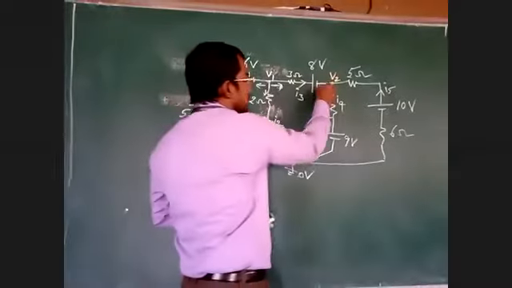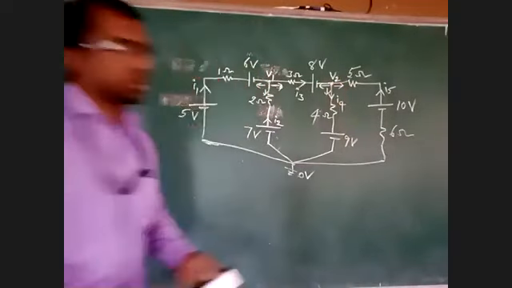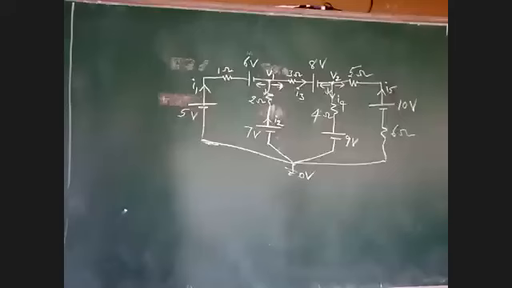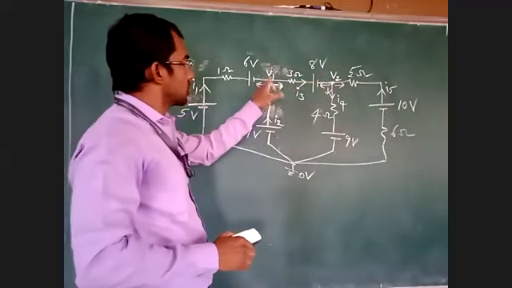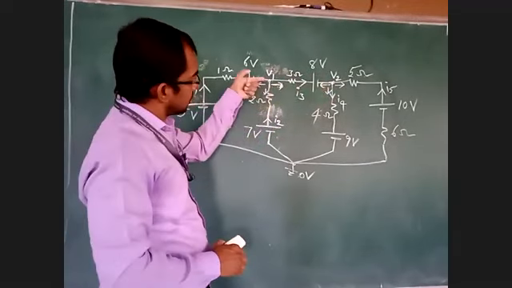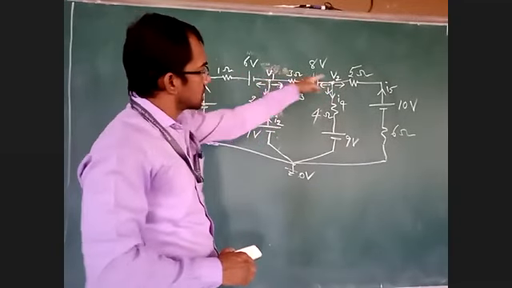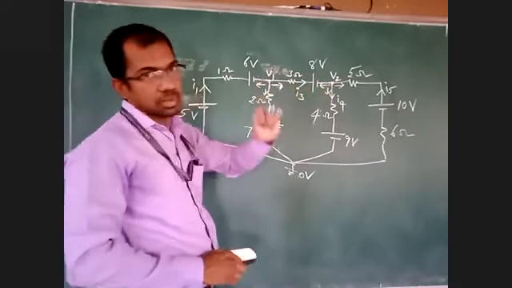Now come to V2. Assume here also all the currents are leaving from the node point. Now this branch is connected between V1 and V2, and this arrow is from V1 to V2. But this arrow is from V2. If you are writing the first node equation, you have to take V1 minus V2. If you are writing the second node equation, you have to write V2 minus V1.